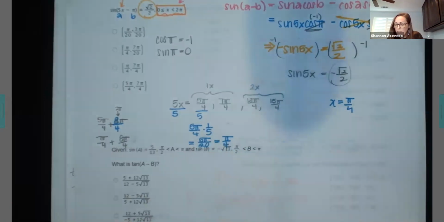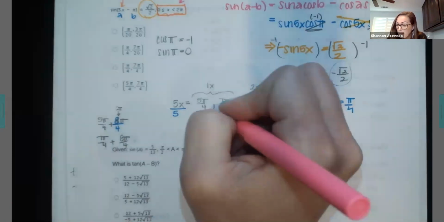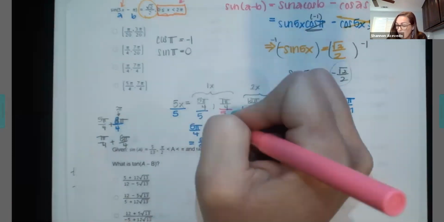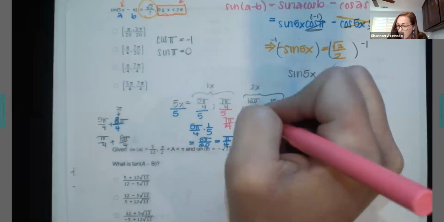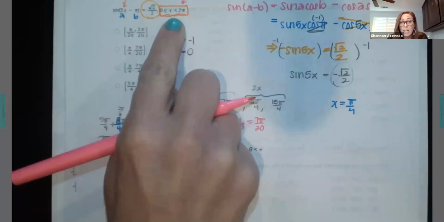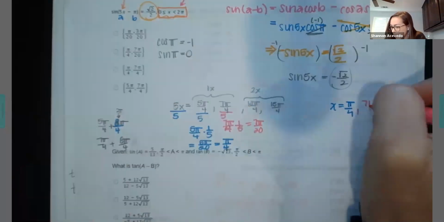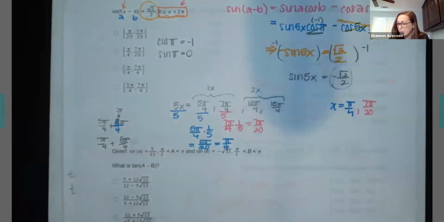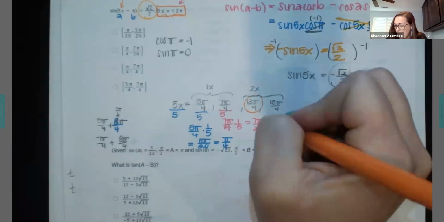I do the same thing for my next one. 7 pi over 4 divided by my 5, or multiply it times my 1/5, is going to give me 7 pi over 20. Is that less than 2 pi? So I also have 7 pi over 20. I do it to my next one. So I'm going to do it to this one. 13 pi over 4.